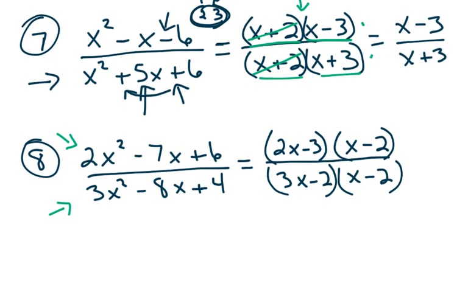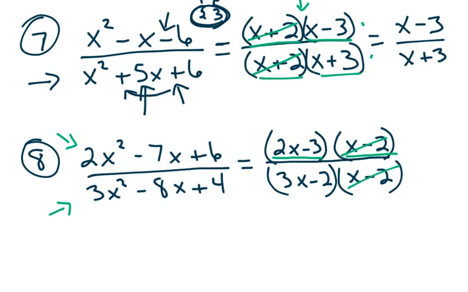All right, so I'm going to look at 2x minus 3. Do we have a parentheses that has 2x minus 3 on the bottom? No, we don't. Do we have a parentheses on bottom that is x minus 2? We do. This one and this one, so they cancel out.